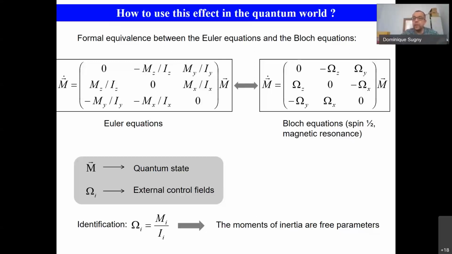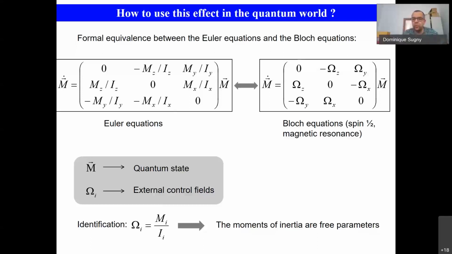And we see, it's a very naive and trivial comment, that if we identify omega x, omega y, and omega z, which correspond for a spin 1/2 particle to some external control fields, to the coordinates of the momentum divided by the moments of inertia, then the rigid body and the spin 1/2 particle will have exactly the same dynamics.